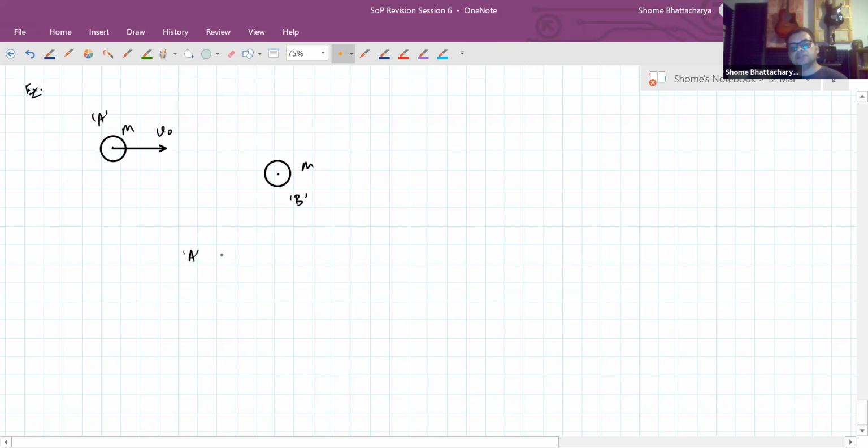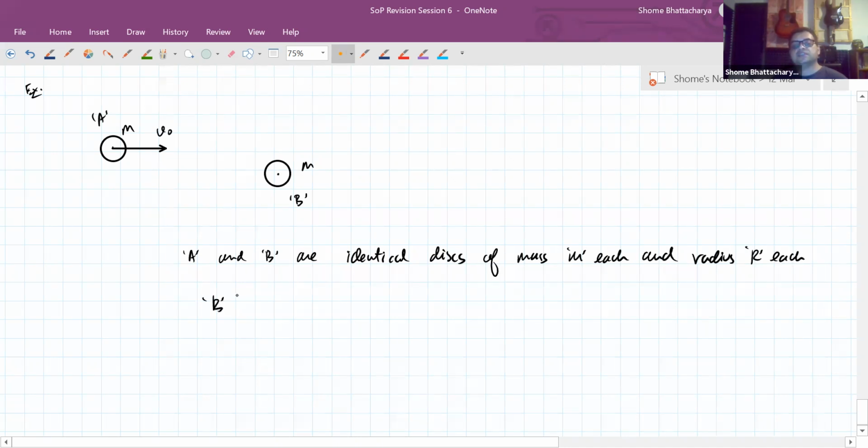So A and B are identical disks of mass m each and radius r each.